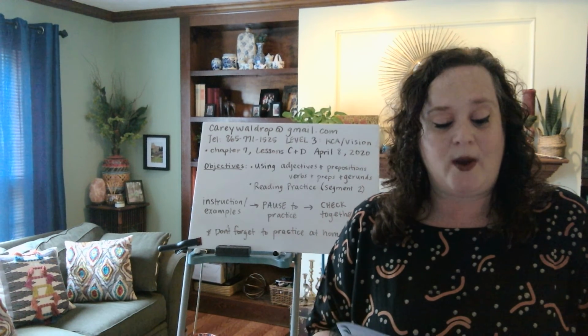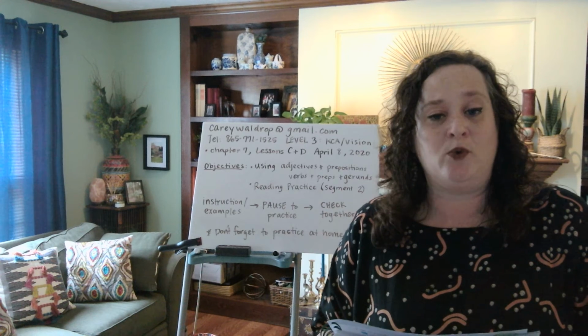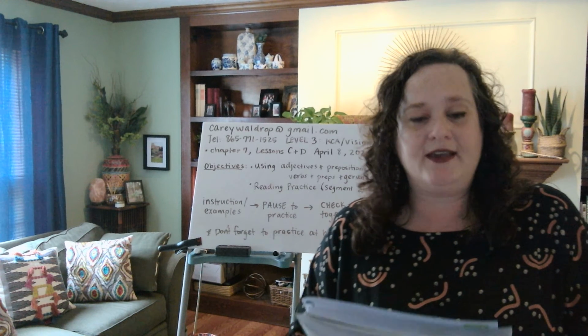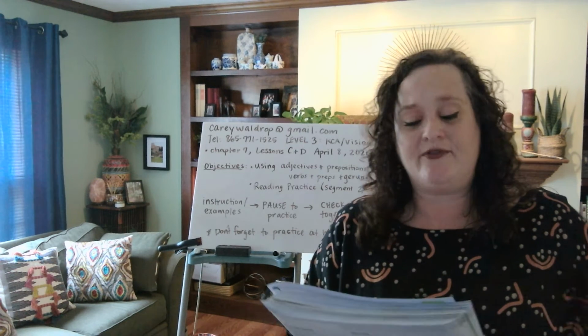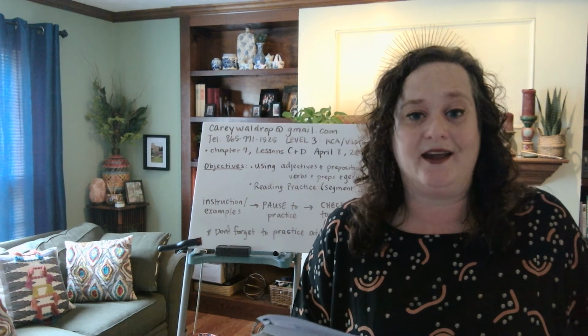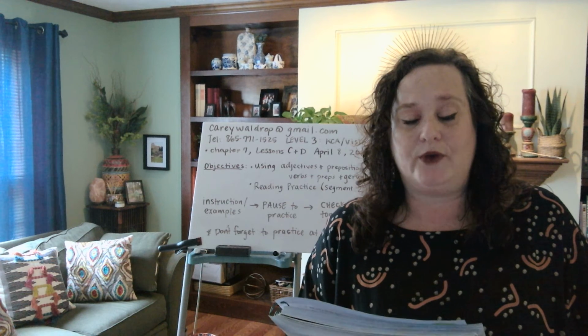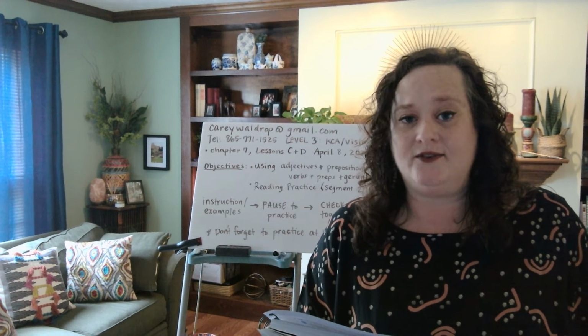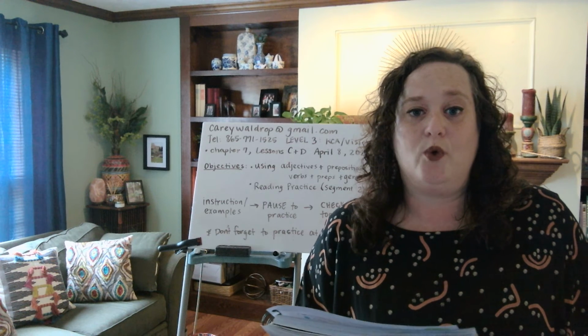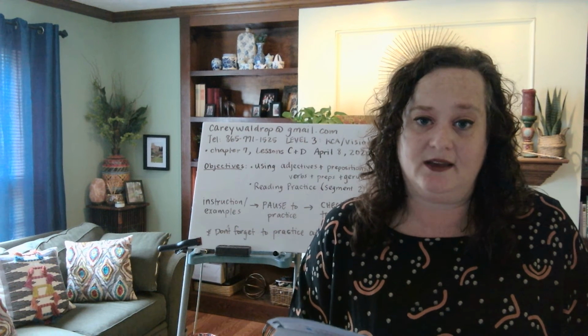Okay, so the questions. Example 1. What are you thinking about doing? The answer. I'm thinking about buying a car. So what's the gerund? If you remember, the gerund is a verb with ing.